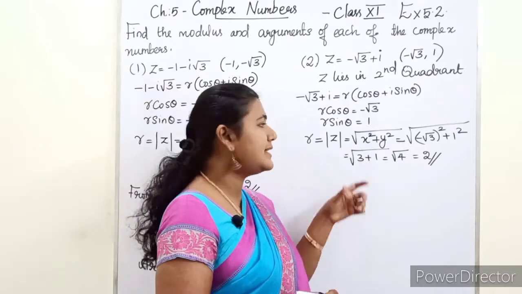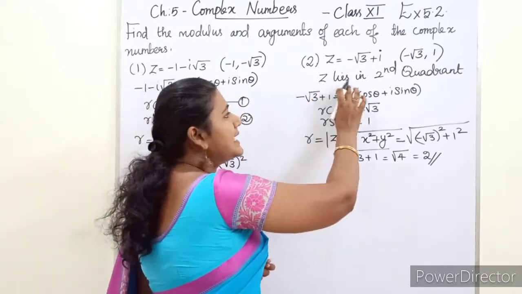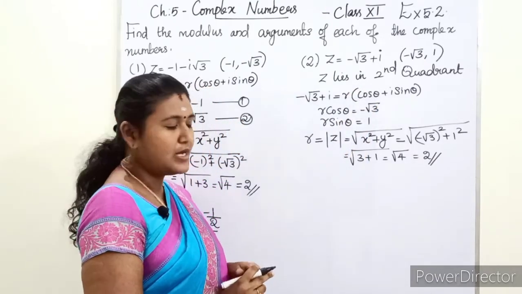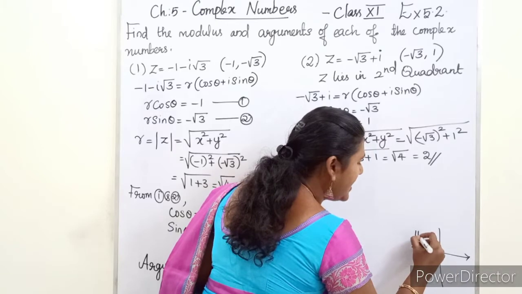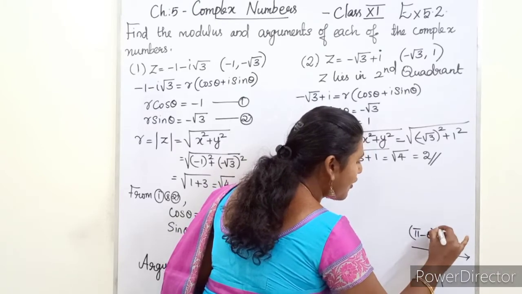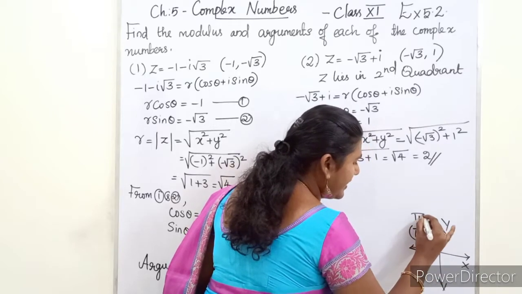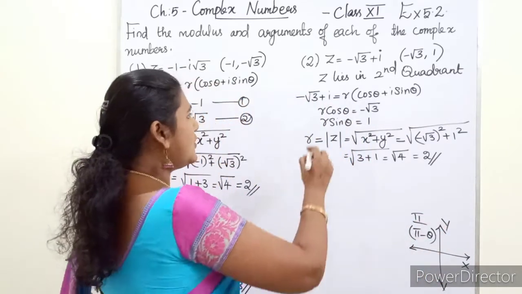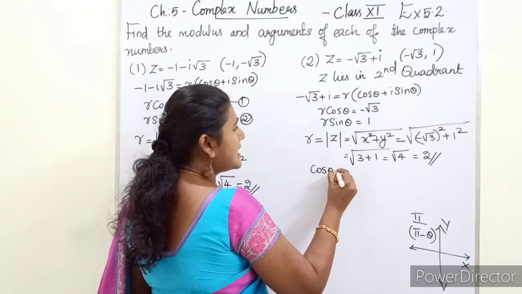Now we have to find the argument of the given complex number. Here Z lies in the second quadrant. So in the second quadrant, how to find the argument? Pi minus theta. So this is the formula for finding the argument in the second quadrant. So here we will find out the value of theta first. So what is the value of cos theta?